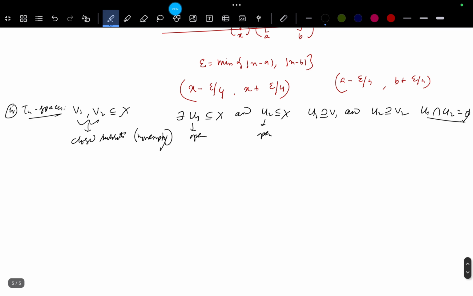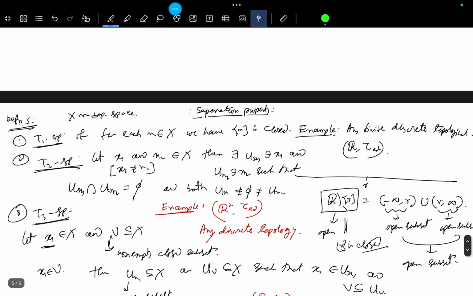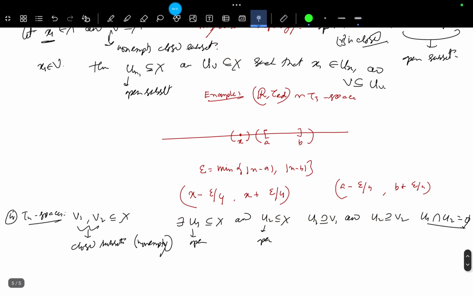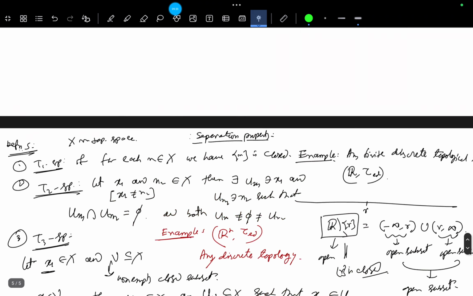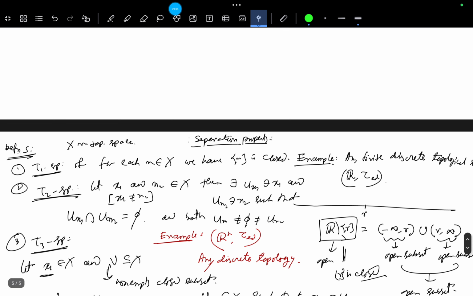Now see one thing: we have seen several kinds of definitions, like T1 space, T2 space, T3 space and T4 space. Remember that in the case of a T1 space, the separation property is there, but the difference is that the disjointness of the neighborhoods is not imposed.